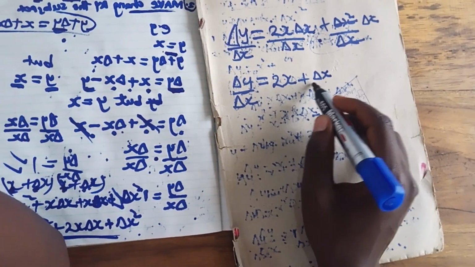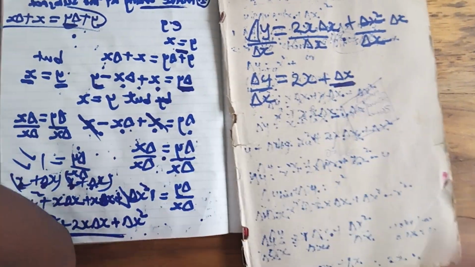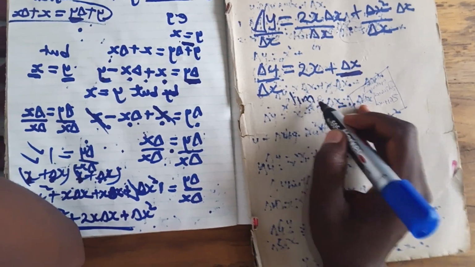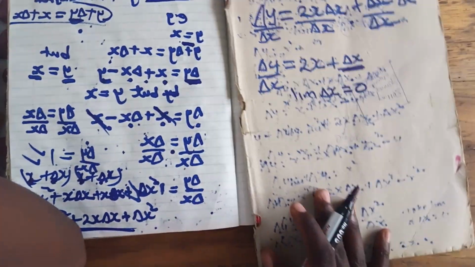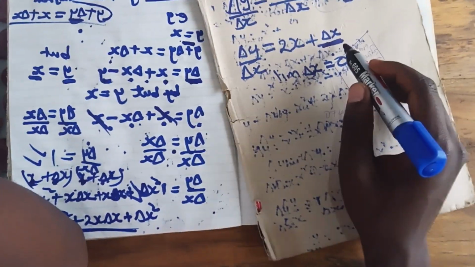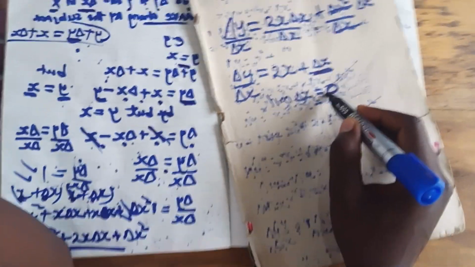But whenever you see a change in x somewhere, if your answer remains with something like change in x, always remember to use the limits by saying change in x should be equal to 0. So whenever we see change in x, we have to replace it by 0.